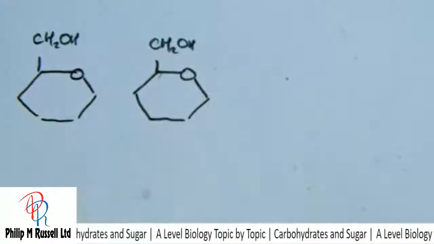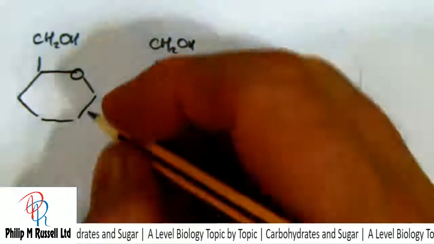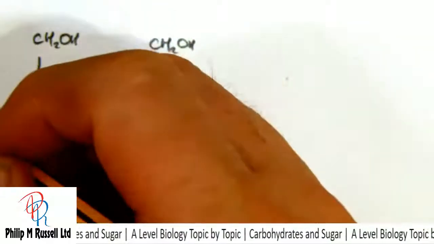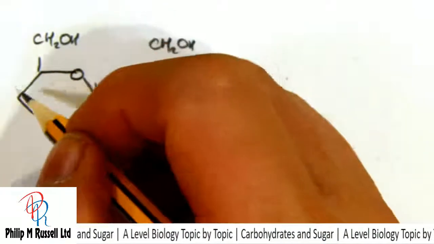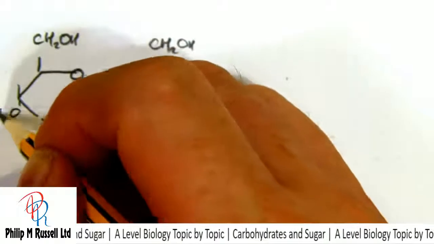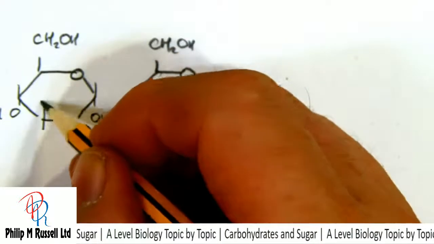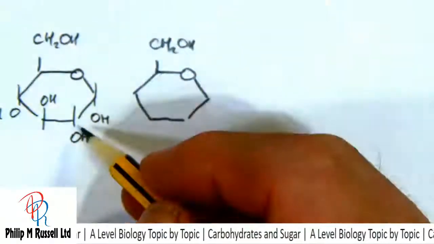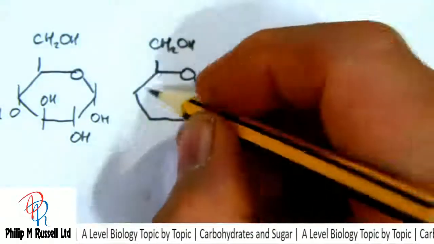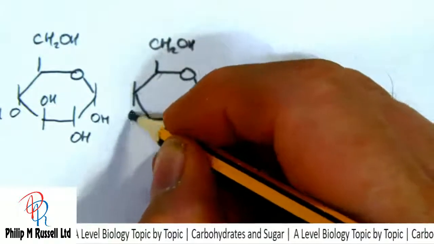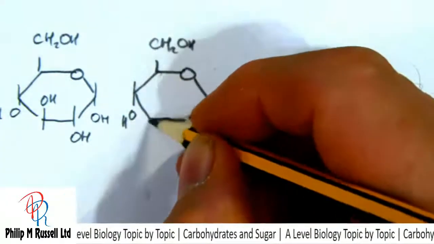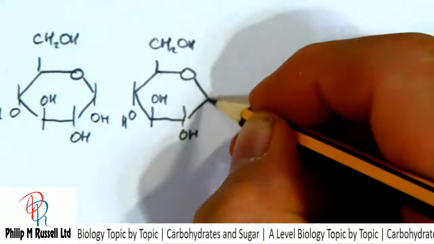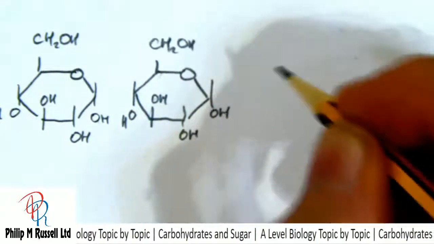And if we put in all the bonds that we have, I've got the OH's at either end at the bottom. This one's going to go up, this one's going to go down, so we've got alpha glucose here. We're going to draw this one in the same OH, just shoving them round in the same pattern.